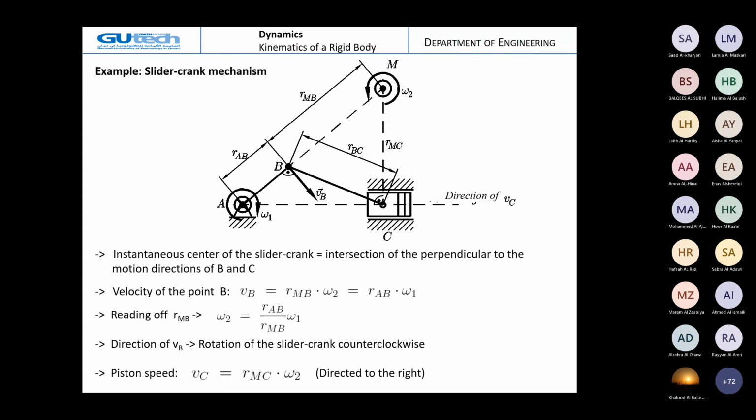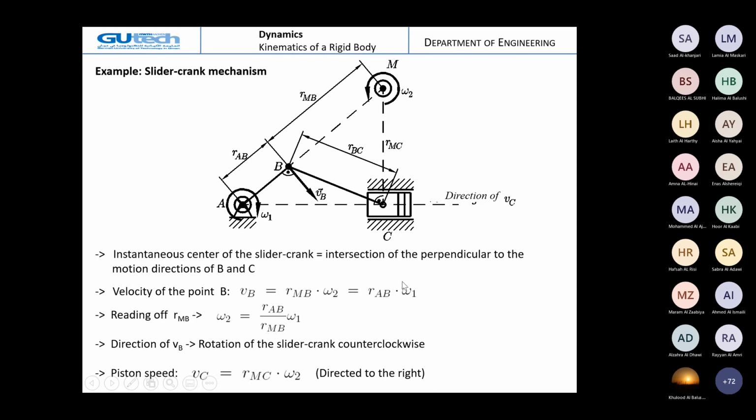Now, coming back, we don't know the magnitude of the velocity VC, but we know the direction. We know the velocity here is 0. Now what we have to do: the velocity of the point B can be determined either by RAB omega 1, where we have omega 1 and this distance, then we can determine VB.